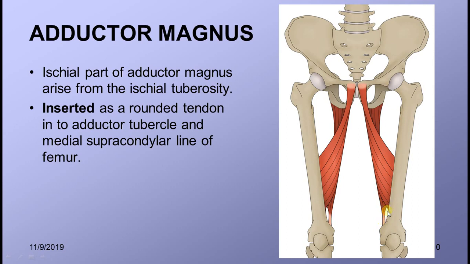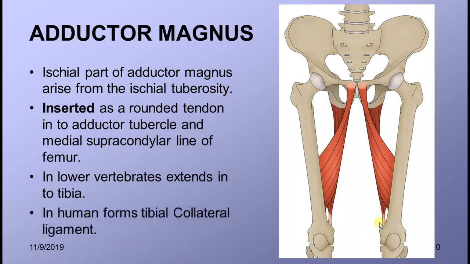You see a gap for the passage of the femoral vessels, which we have discussed extensively. In the lower vertebrates, this insertion extends into the tibia, but in humans this primitive insertion is represented as the tibial collateral ligament.